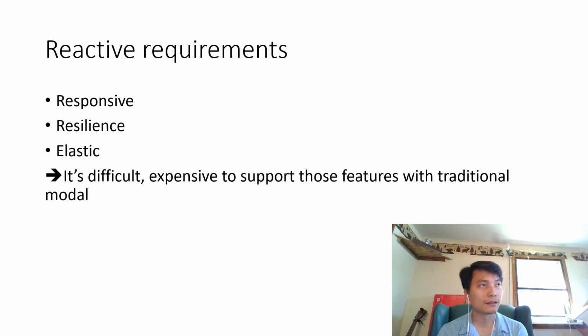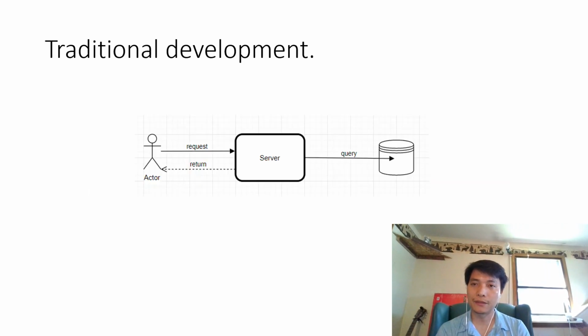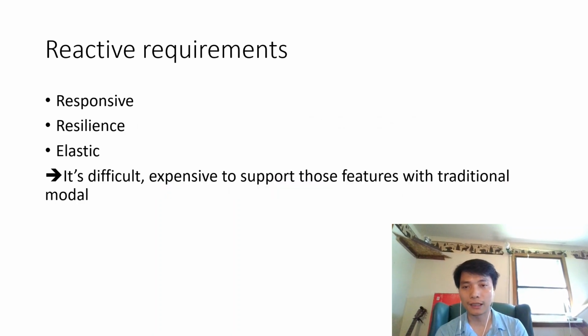We need elastic features so the system can scale up to handle a big amount of requests in rush hour, something like Black Friday, but in regular times run with just smaller resources. With traditional development, it's difficult to support reactive features because we have things like load balancing and web farms, but it's difficult and expensive to support.